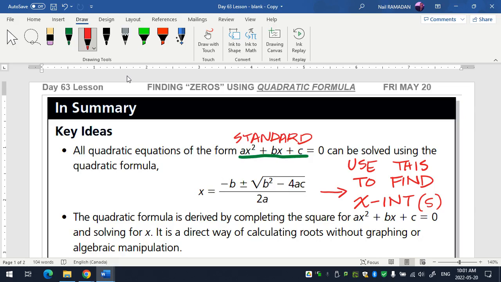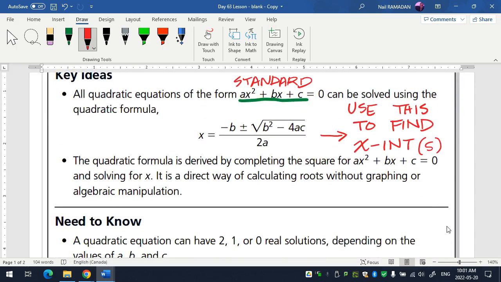Everyone, if you have two intercepts, you have two x-intercepts. If you have one intercept, you have one x-intercept. If you have no x-intercepts, you are not going to find any anyway. I want you to completely scratch this out. Don't worry about this part. It's a part of grade 12, not grade 11. In grade 11, we just learned how to use the equation, not how it was derived.